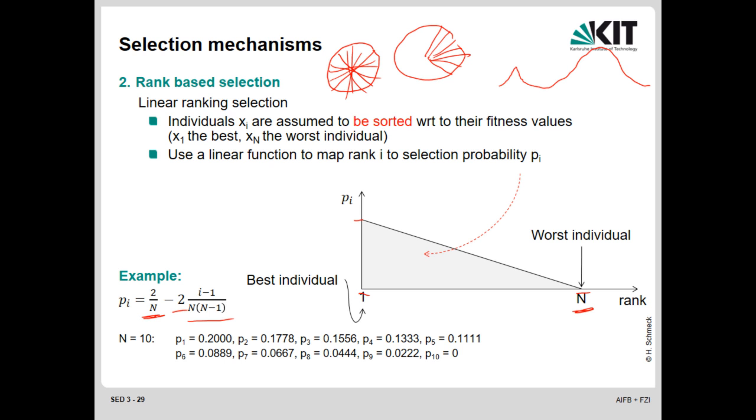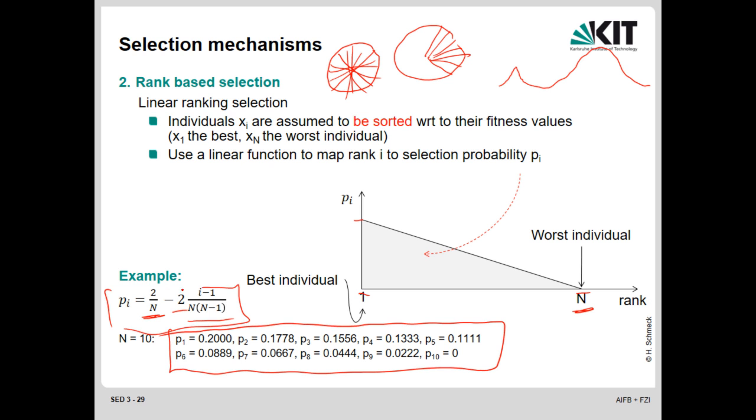And now if you have 10 individuals, the probabilities would get those values. If you look at this formula, the maximum probability would be 20%, and then you have all the others. Individual number 10 would have 0%, and individual number 9 would have 2% selection probability.